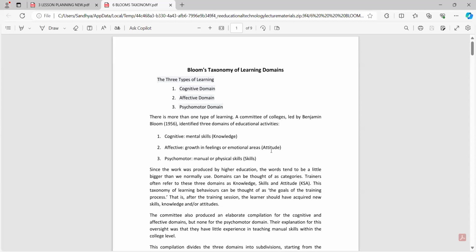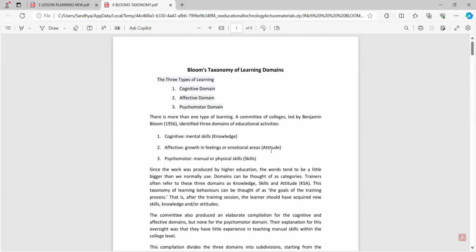So whatever lesson you teach, whatever the subject that you teach, it may be art, maths, English, Sinhala, it doesn't matter. The teacher's responsibility is to get the learner to develop the cognitive domain, affective domain, and psychomotor domain in each and every lesson.